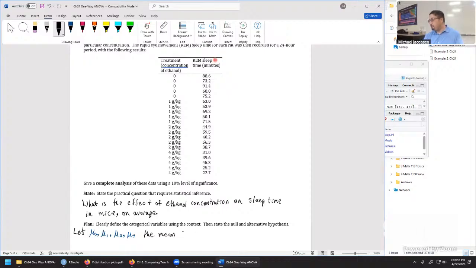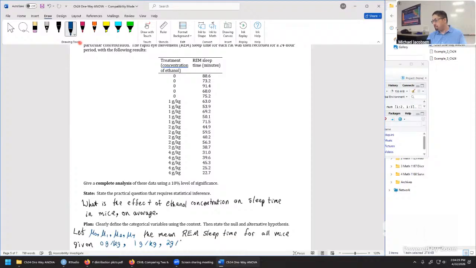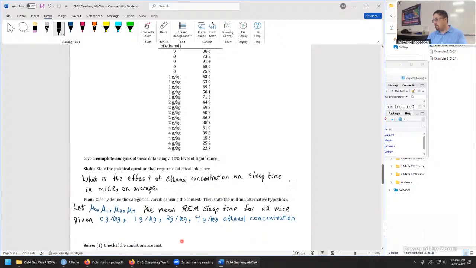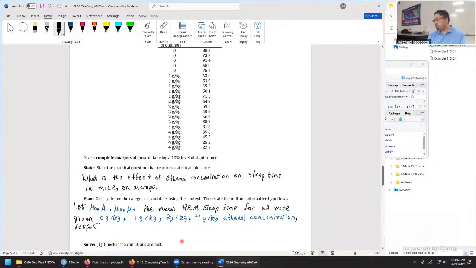It will be REM sleep time for all mice given 0 grams per kilogram, 1 gram per kilogram of the mouse's body weight, 2 grams per kilogram, 4 grams per kilogram ethanol concentration, respectively. So that's our setup so far.